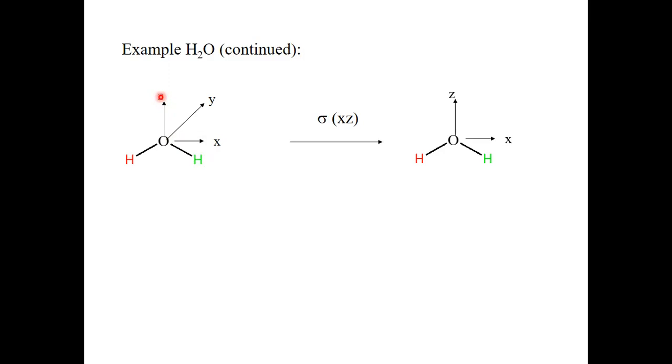The coordinate z is also part of the plane, therefore it will remain unchanged. However, the coordinate y, what will happen to it? Will it be changed as well, or will it not be changed?